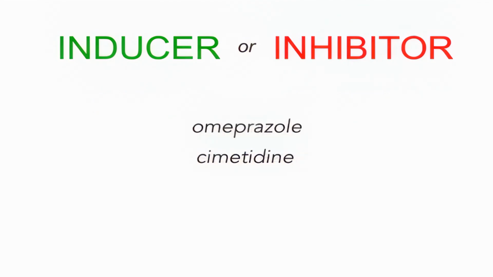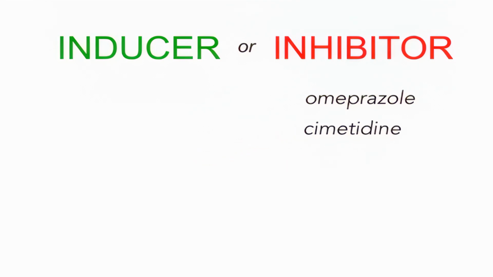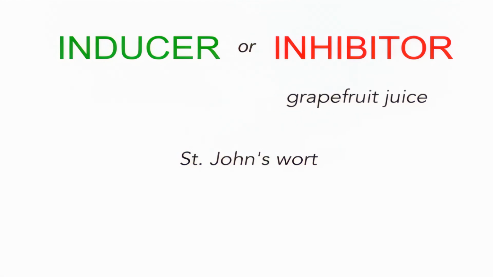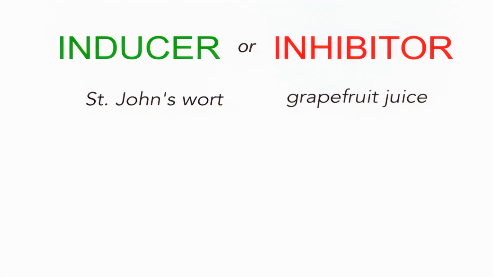Two drugs to suppress stomach acid. Omeprazole is an inhibitor. Cimetidine, also an inhibitor. What about the two things that patients might not tell you about unless you ask? Grapefruit juice, inhibitor. St. John's wort, inducer.